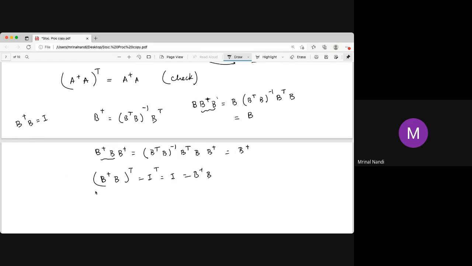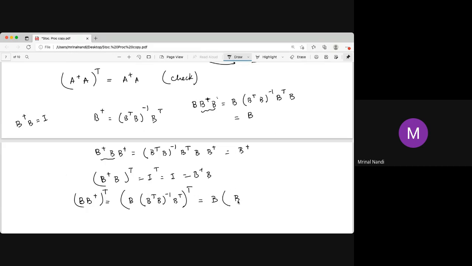Then we have one more check, that (B B plus) transpose equals B B plus. You have to take the transpose of that: B (B transpose B) whole inverse B transpose, whole transpose. It is just a symmetric matrix.